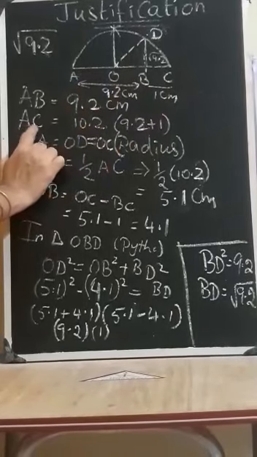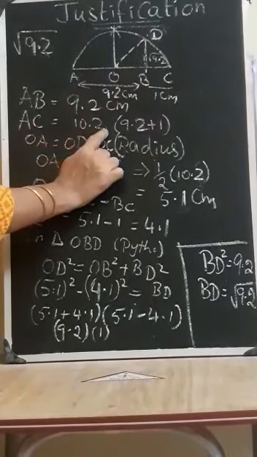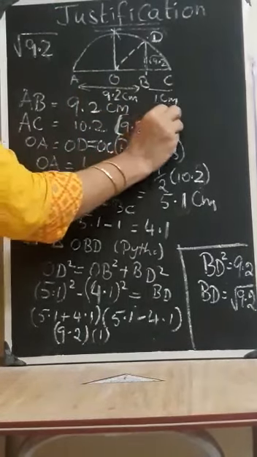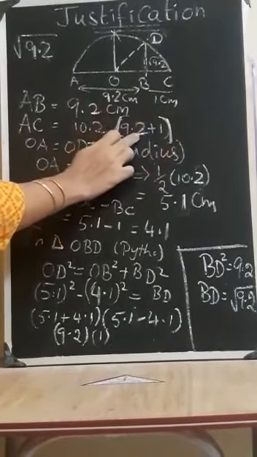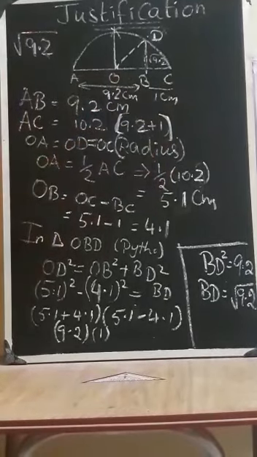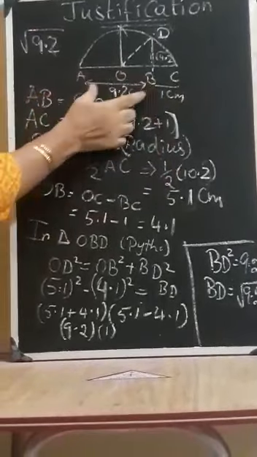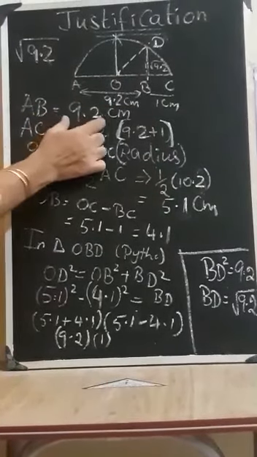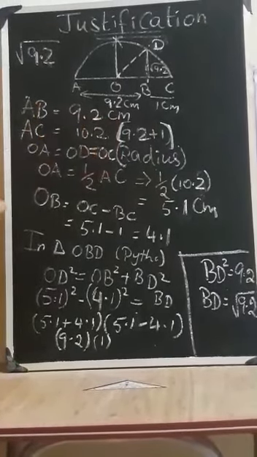See, AC is equal to 10.2 centimeter. That is, I have written in the bracket 9.2 plus 1. Now AB is 9.2 centimeter.